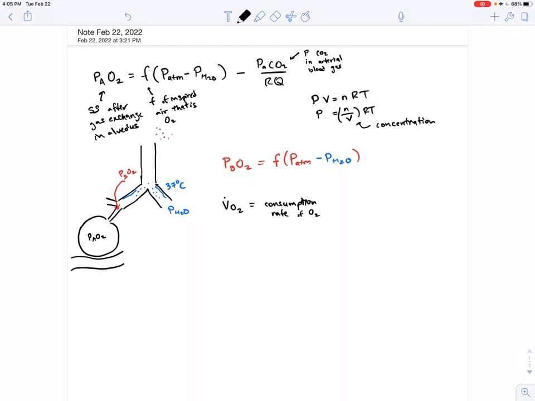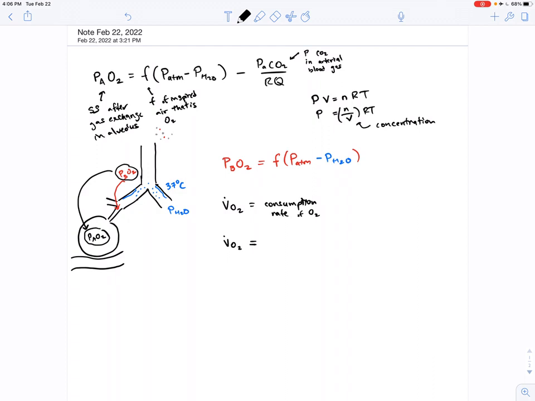And so what that means is, if we have some consumption rate of oxygen, let's try to relate this to the PbO2 and the PaO2. Remember, we're trying to say how much oxygen is being lost due to gas exchange.